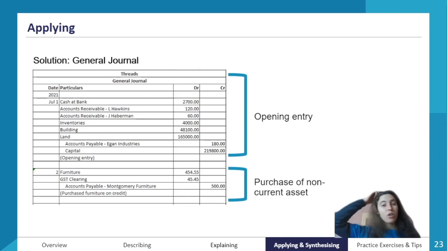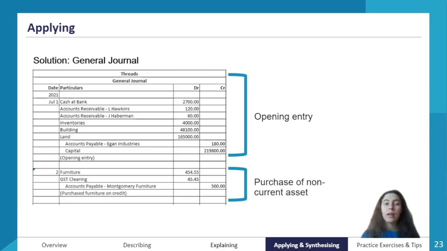On July 1, we were given that really clear information with the transaction, just along with everything else. But sometimes this kind of information may just be given to you in paragraph form as part of the instructions for the business scenario. So it can be easy to just skip over it and go straight to the next thing because you're forgetting that it is actually a transaction too.